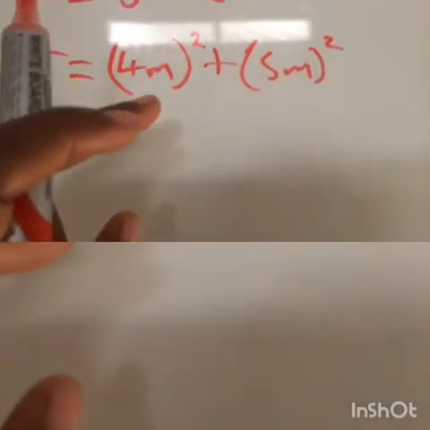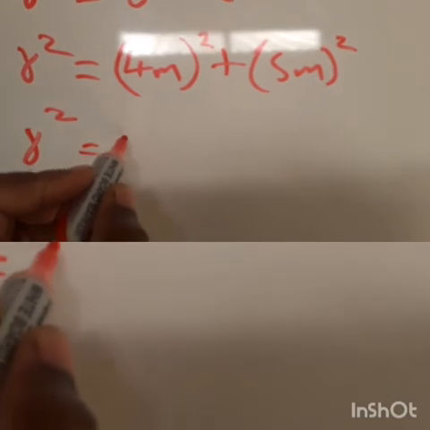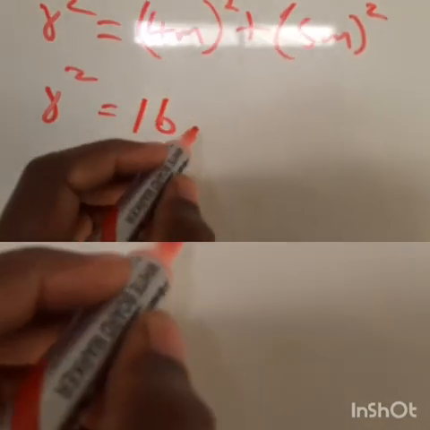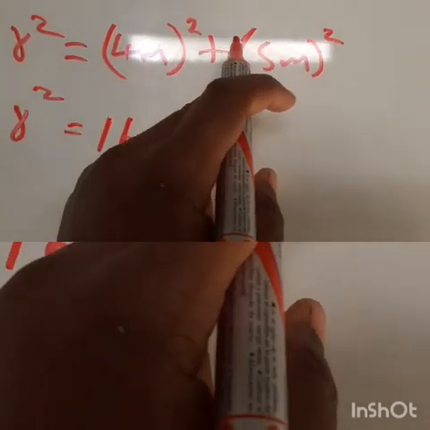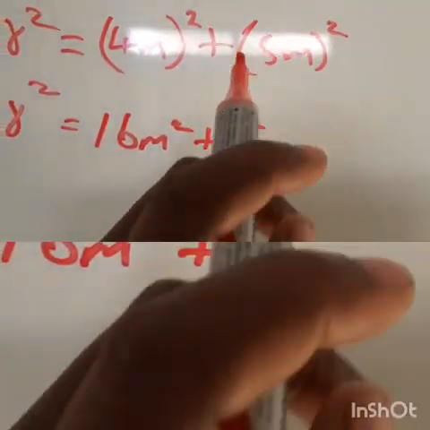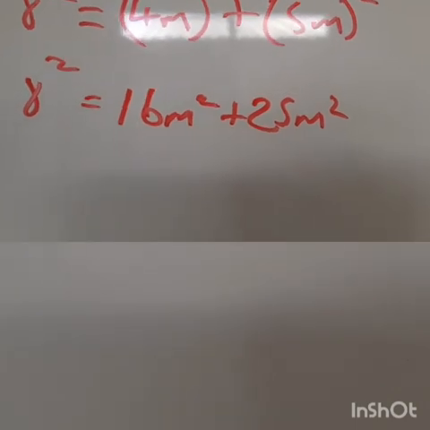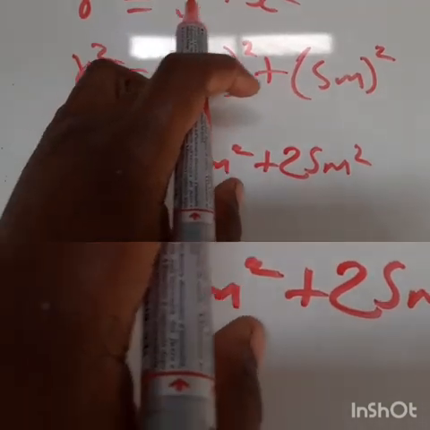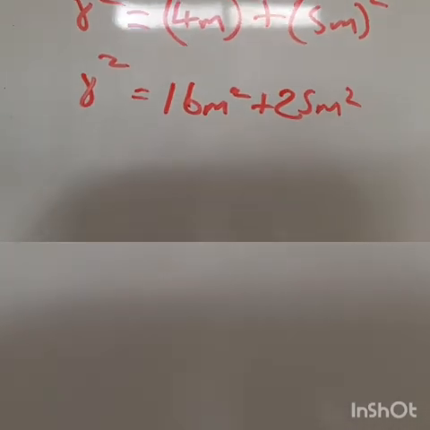Now 4 squared is 16. Then m squared remains m squared, plus 5 squared, which is 25, and then m squared. Now don't forget to apply the square to the number and also to the units when you solve.